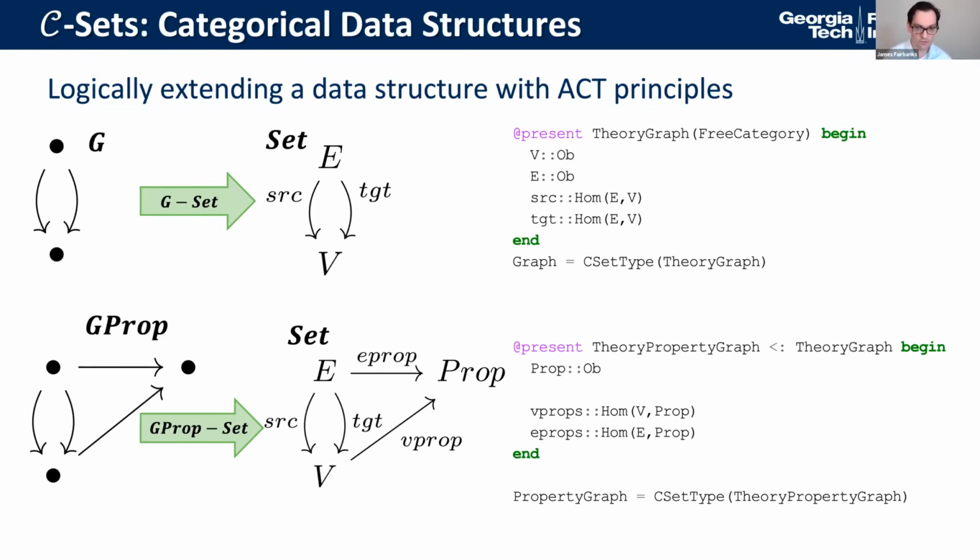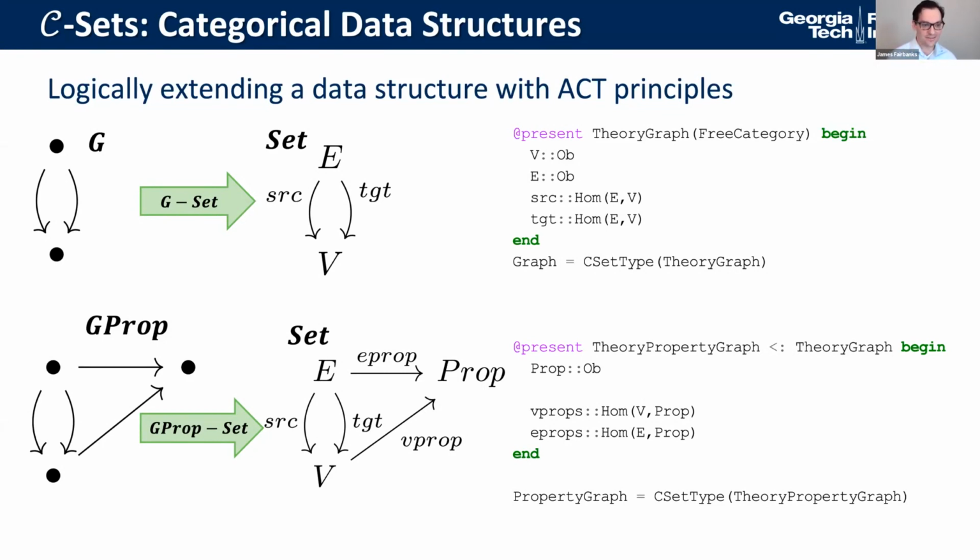So here's one approach that's currently implemented in Catlab called C-sets. And C-sets are based on the idea that if you have an index category C, and you look at the functors from C into Set, that gives you instances. So C is like a schema, and C-sets are instances of C in Set.